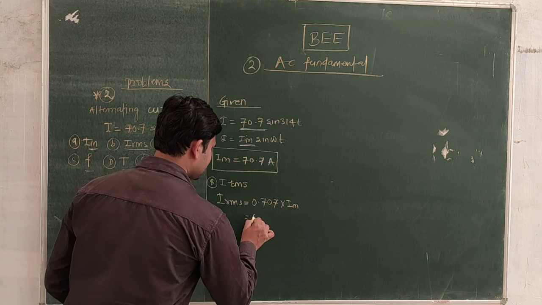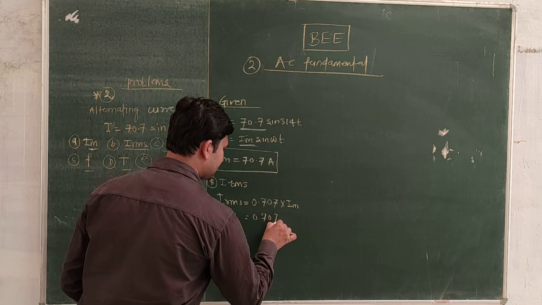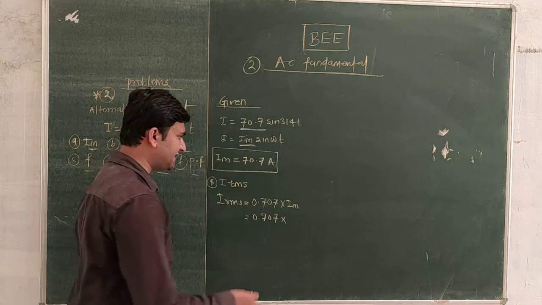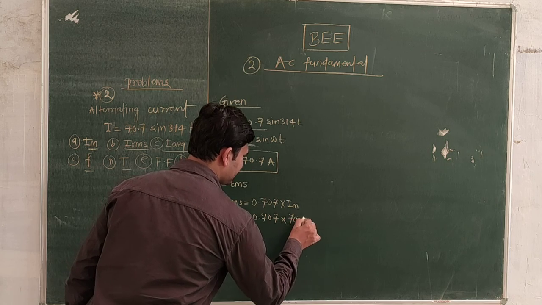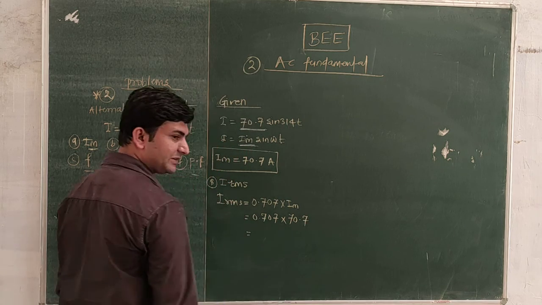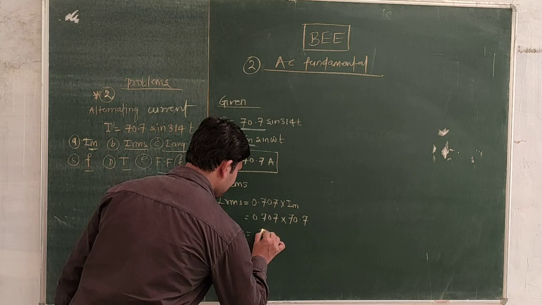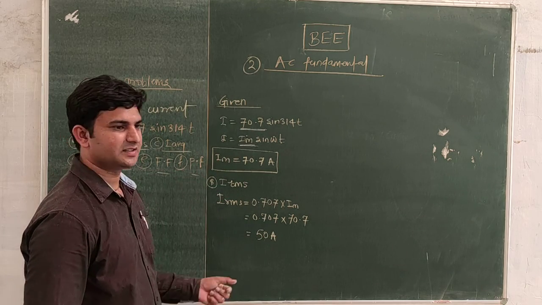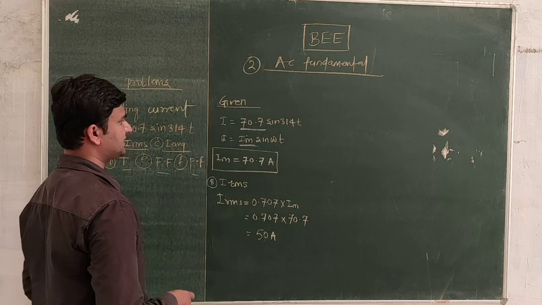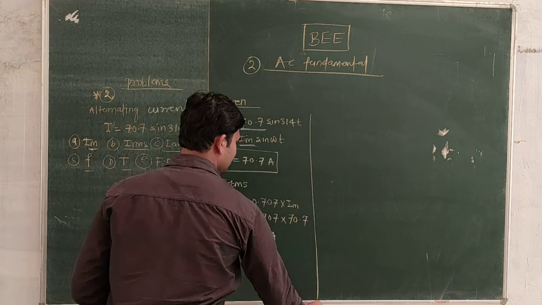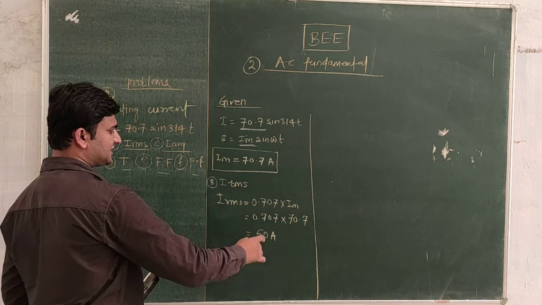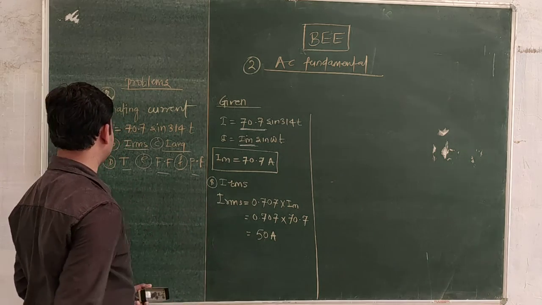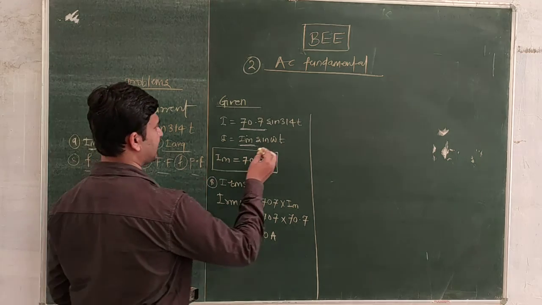The maximum value of current is 70.7, so 0.707 times 70.7 gives 50 ampere. After substituting the maximum value, we get the RMS value of the current as 50 ampere.